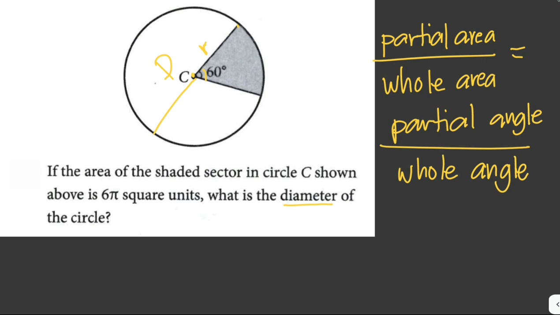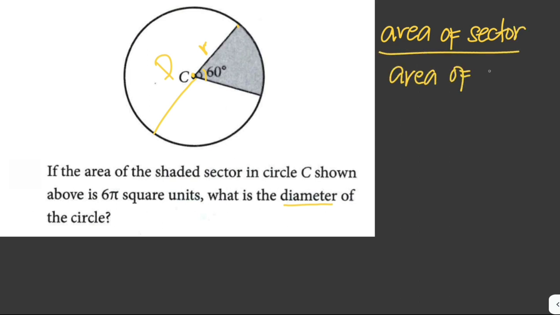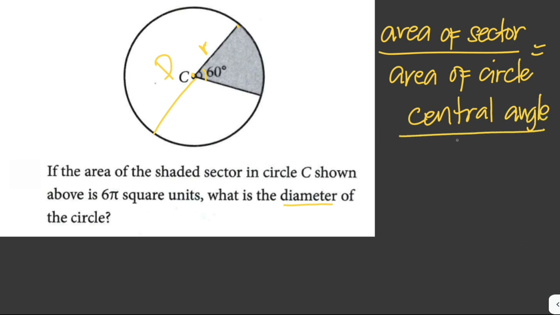So we can write this as the area of the sector is to the area of the circle equals the central angle is to the measure of the entire circle, which is equal to 360 degrees.